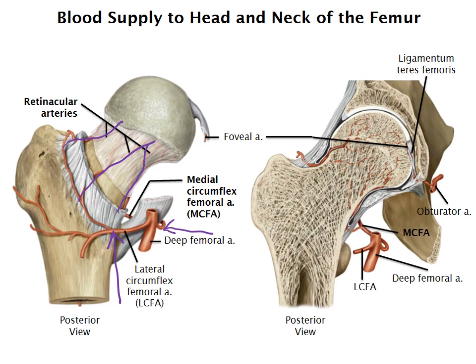So these retinacular arteries extend upwards and serve the entire neck and also extend upwards and into the head of the femur. As you might imagine, most of the vasculature to the head of the femur is served by these retinacular arteries.